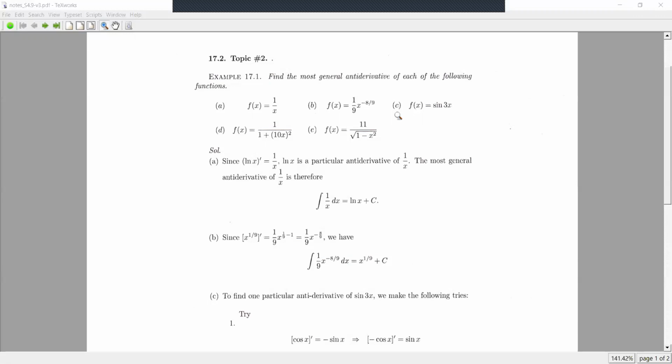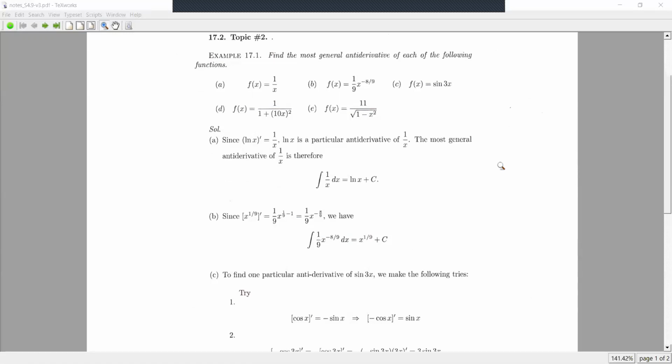Now, part C. Find the integral of the function sine of 3x. Now, this time, it is not so straightforward to tell one antiderivative of this function. Okay, now let me make some tries.